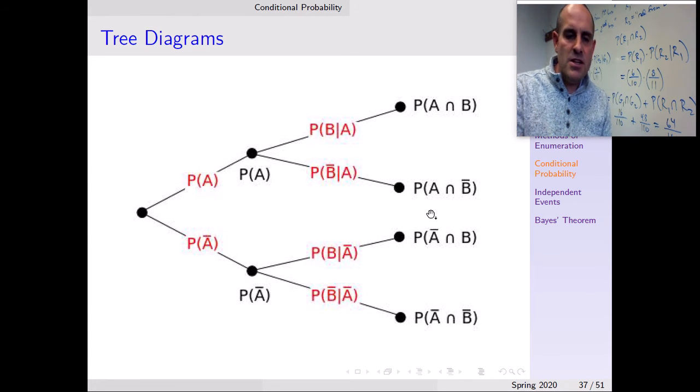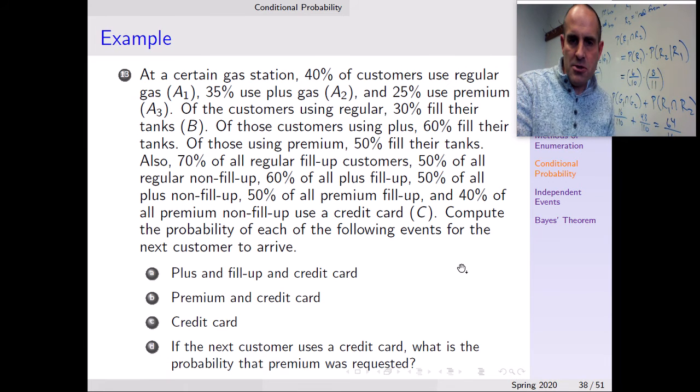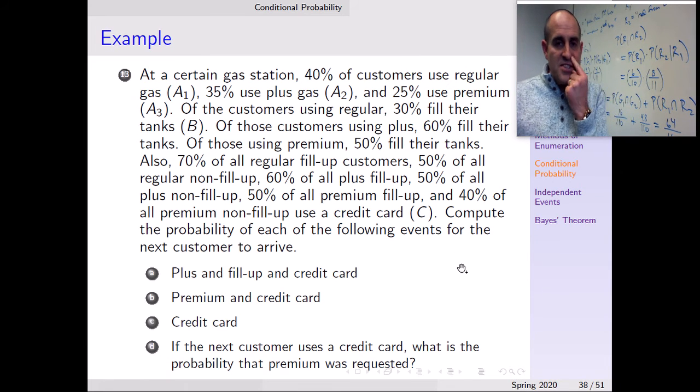Okay, fair enough. I want to look at this example though. At a certain gas station, 40% of customers use regular gas, 35% use plus. We call that the event A2. 25% use premium, that's A3. Of the customers using regular, 30% fill their tanks.